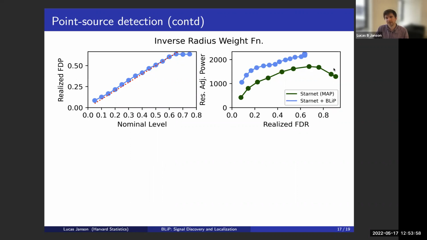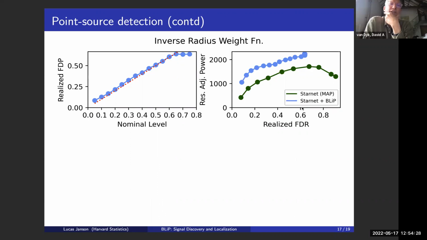As we move to the right, we also see that StarNet never achieves a resolution adjusted power higher than about 1500 or so, whereas we are able to go above 2000 if we allow a higher realized FDR. Also, StarNet does not come with any notion of false discovery rate. If you ran StarNet, you would have no idea where you are on that x-axis, whereas BLiP, via the left plot, tells you exactly where you are on that x-axis.